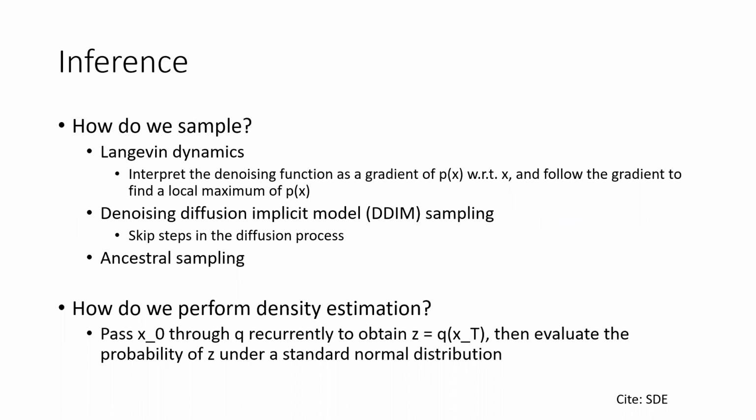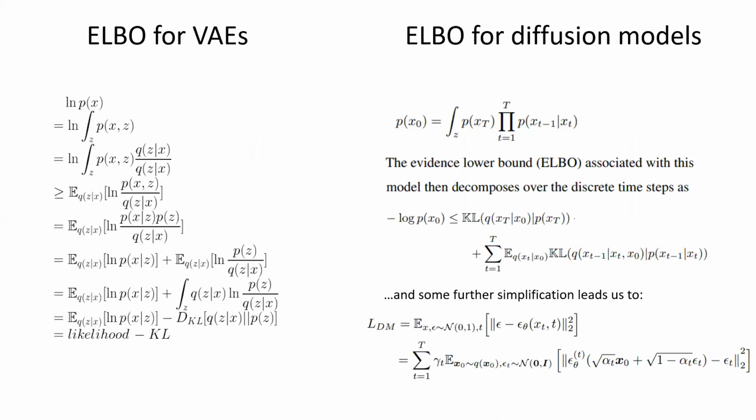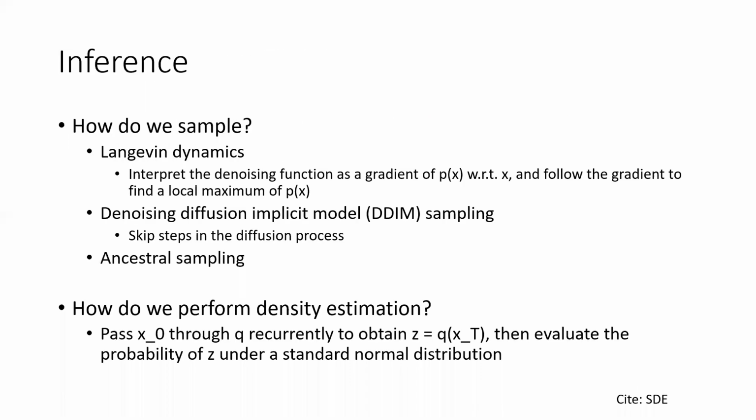Okay, so we have this trained model now. How do we sample from it? So essentially, we're just going to iteratively apply this denoising function, epsilon sub theta, that we learned to our samples from the z distribution.